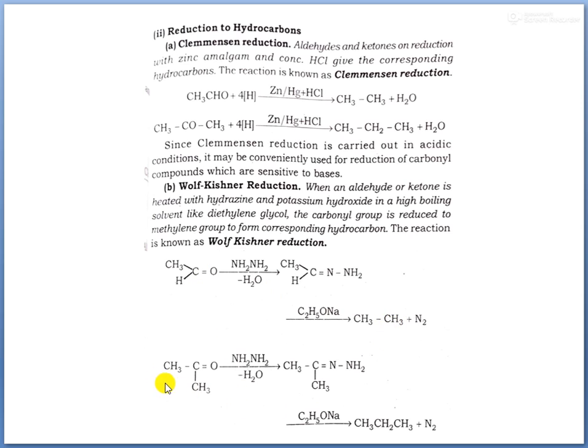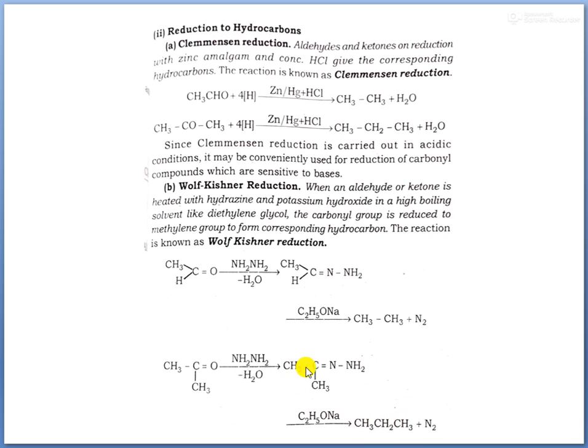Let us see another example, a ketone. A ketone, when treated with hydrazine, reacts forming a compound like this, where a water molecule is lost and the nitrogen and carbon are double bonded. When subsequently treated with a base, we get the corresponding hydrocarbon.